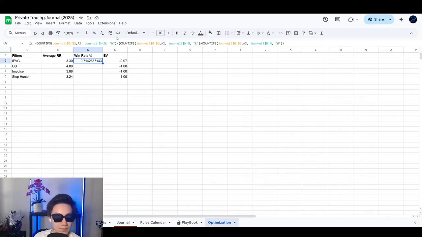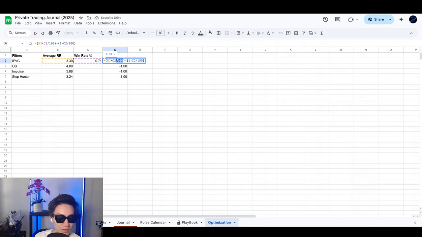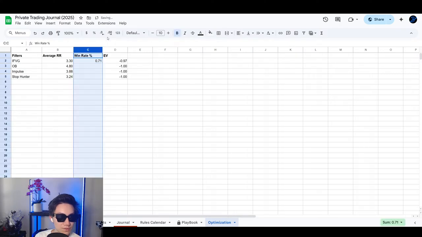Anyway, let's go back here. We'll use this, and then we don't have to divide by 100 anymore, because it actually has it perfectly for us. Matter of fact, we should probably convert this entire thing to percentage.